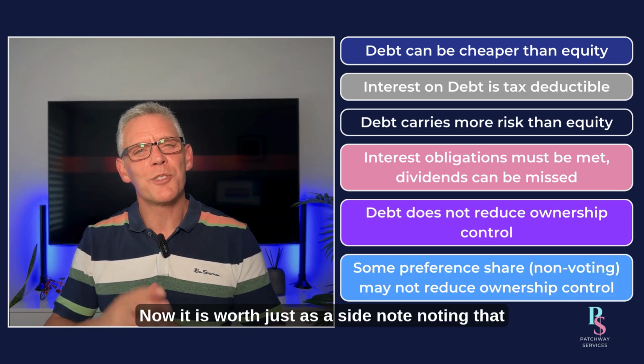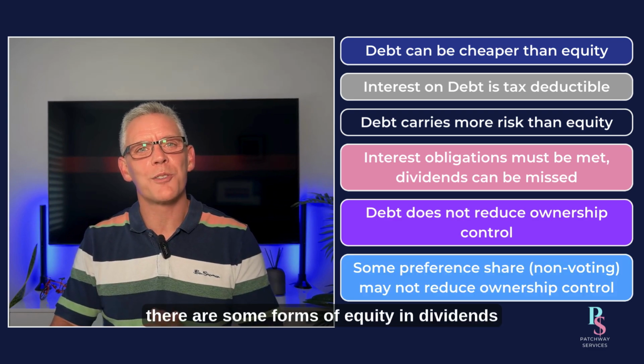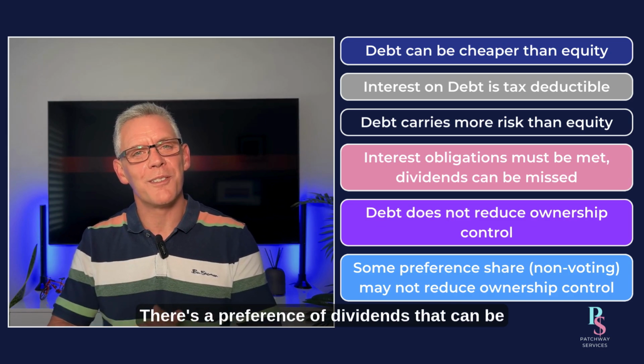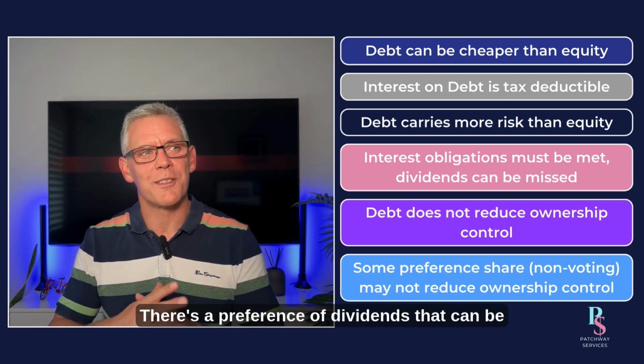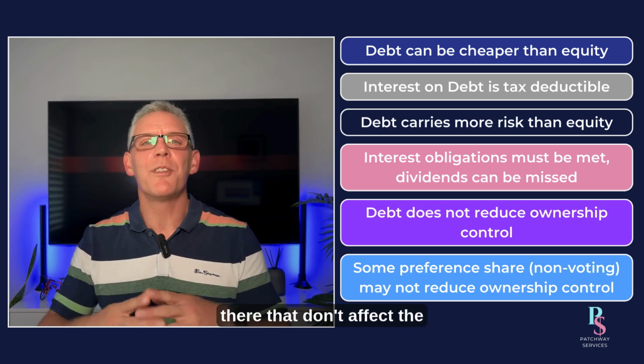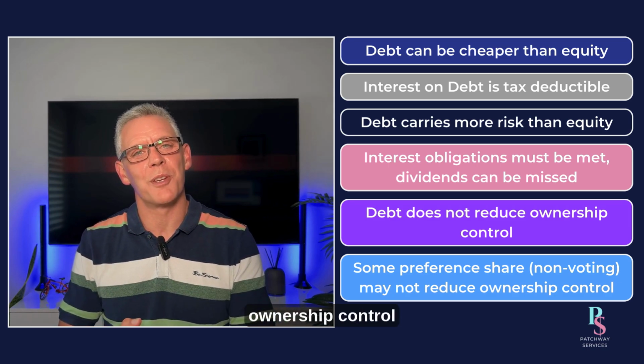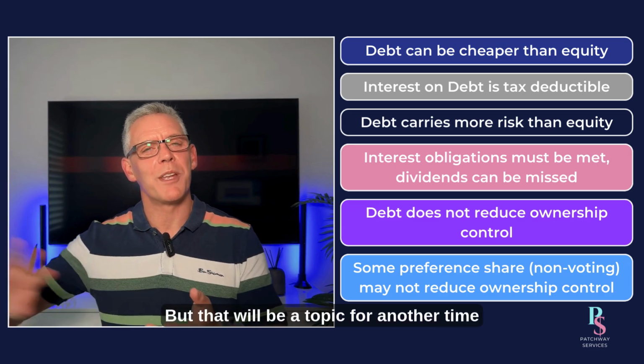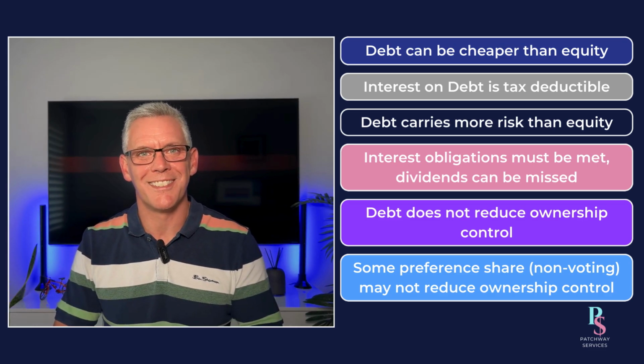Now, it is worth, just as a side note, noting that there are some forms of equity, like preference dividends, that don't affect ownership control, but that will be a topic for another time.